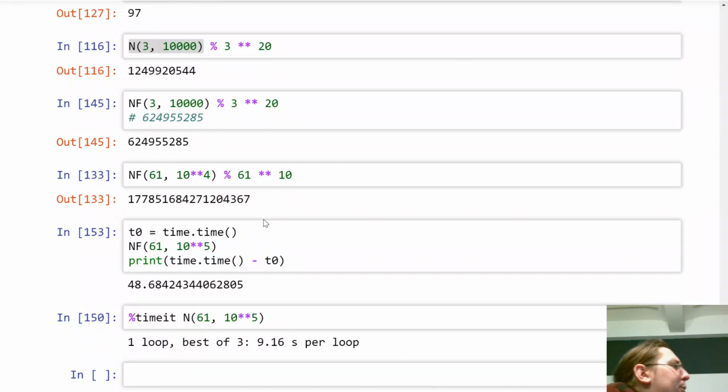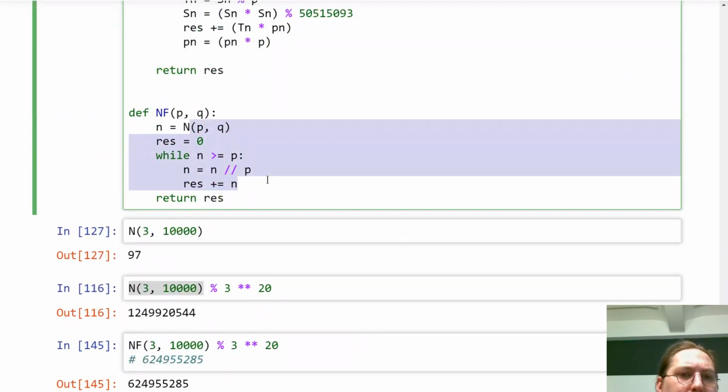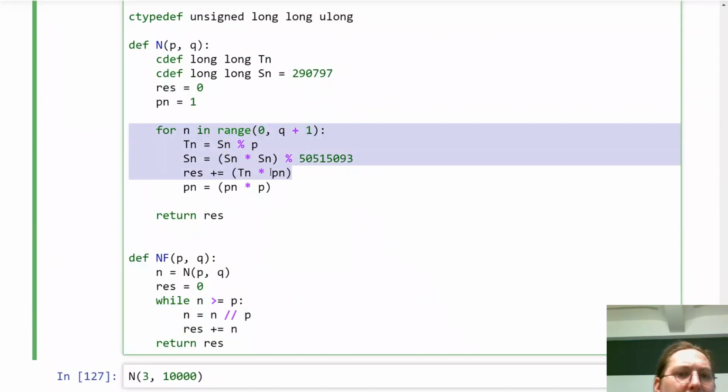No, apparently not. It's just 1/4 more, basically. It's some smaller fraction. So most of the time is spent here, but still a significant amount here.